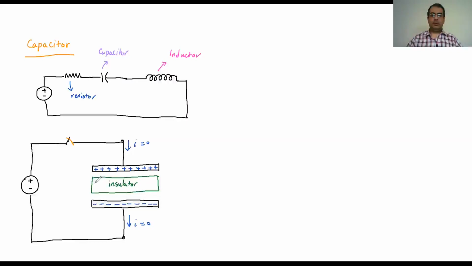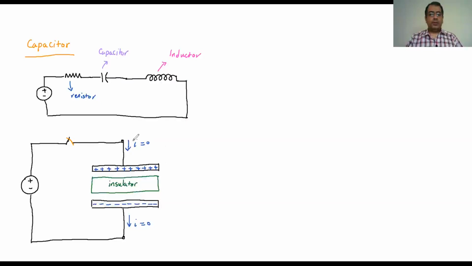There's no current going through any further. When we get to that point, it's when we have our capacitor fully charged. Although it doesn't let the current go through, because one side is positive and the other side is negative, it's fully charged.